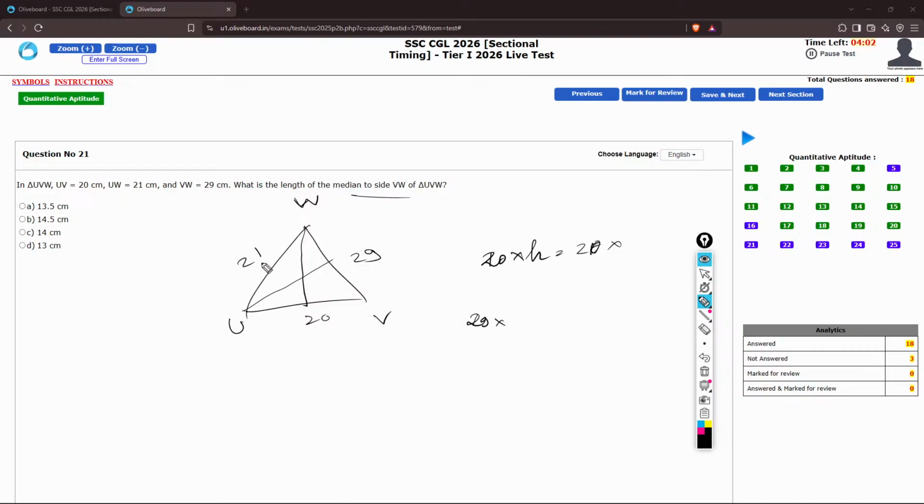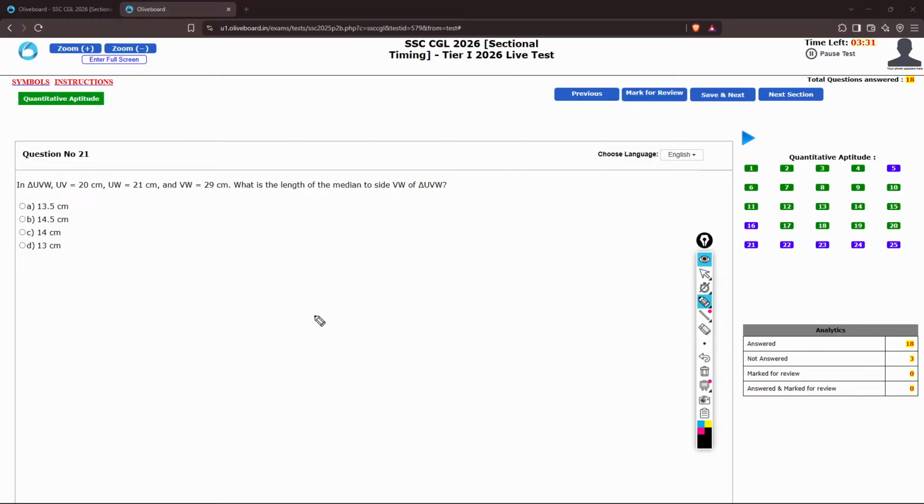These three are triplets, right? 400, 841, definitely a triplet. So 29 into h equal to 20 into 21. But no. I'll skip this one.